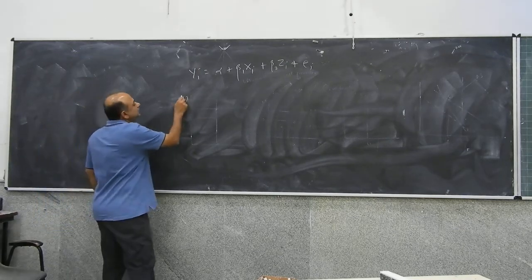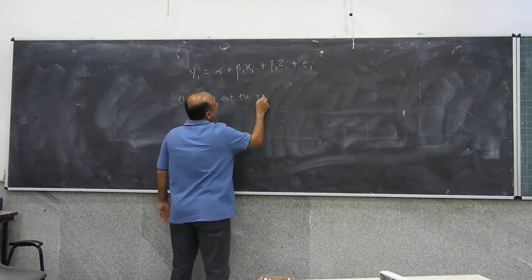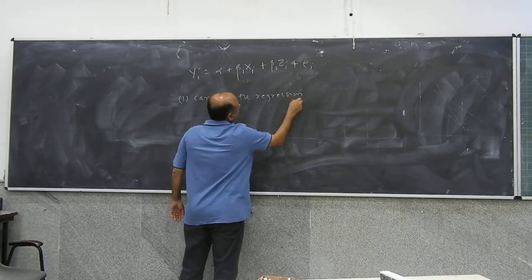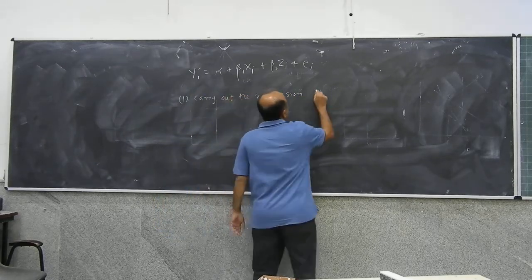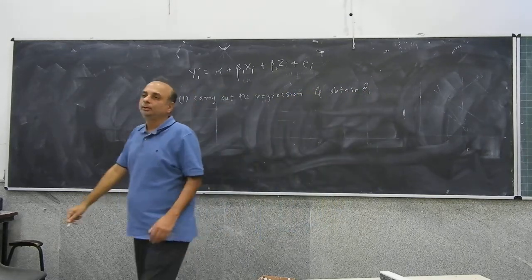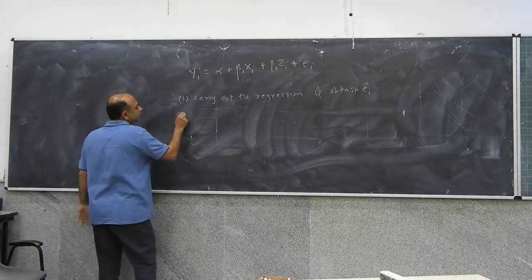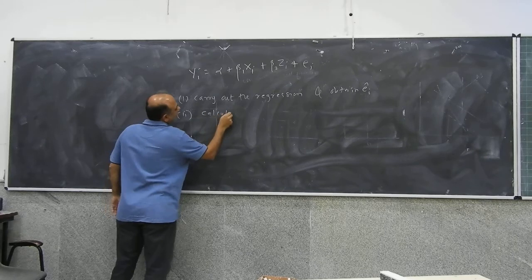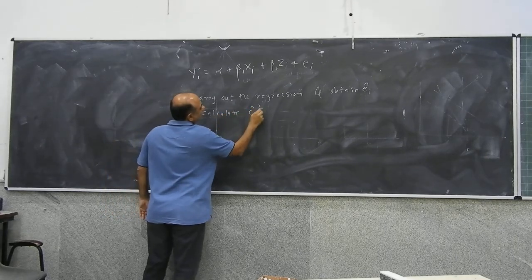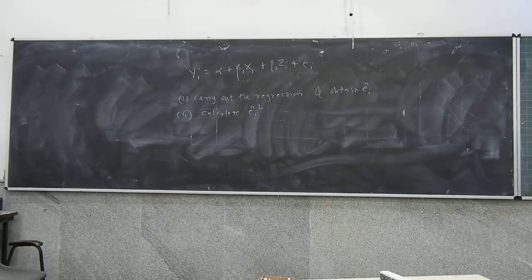So what you do is, the first step, carry out the regression and obtain E hat i. In the second stage, take E hat i square. So E hat 1 square, E hat 2 square, E hat 3 square, E hat 4 square, and so on.